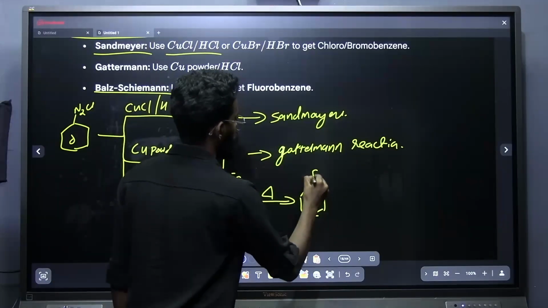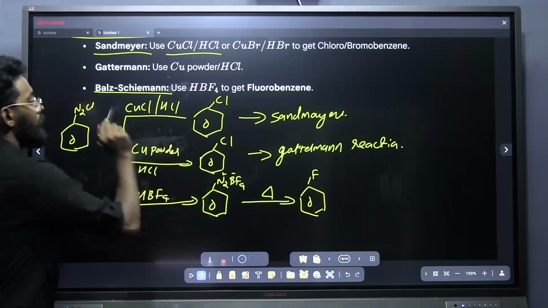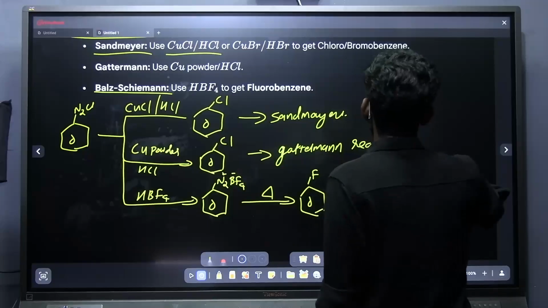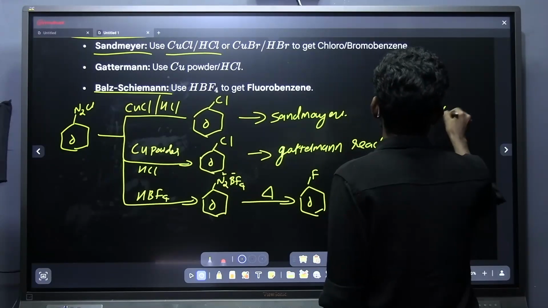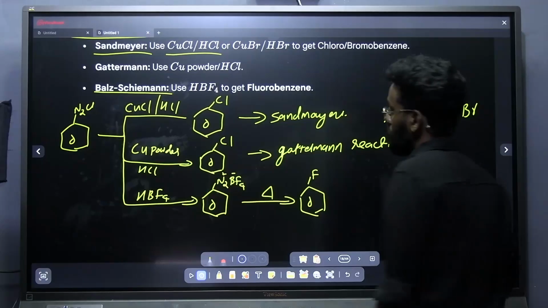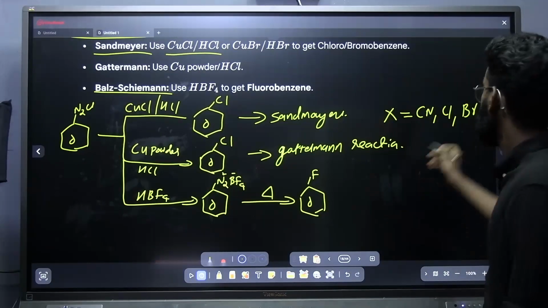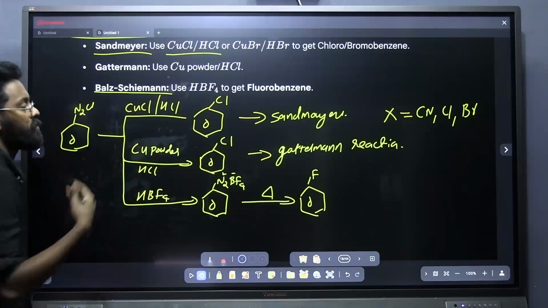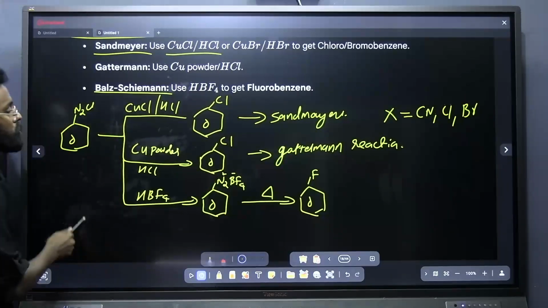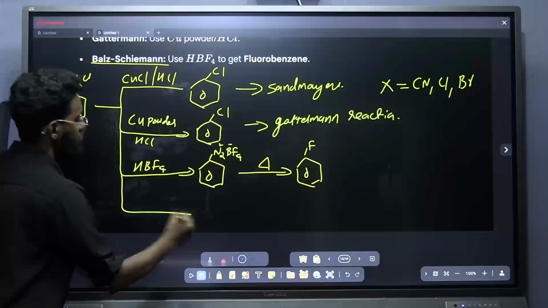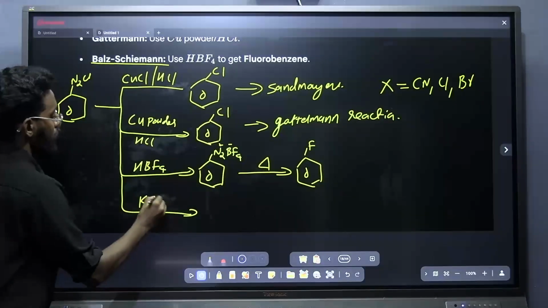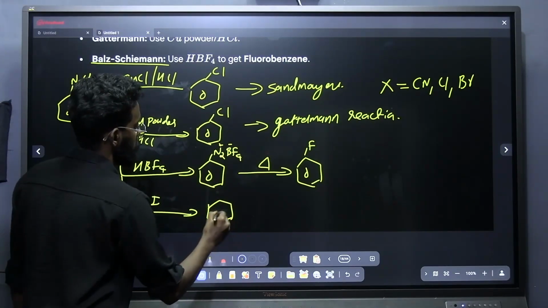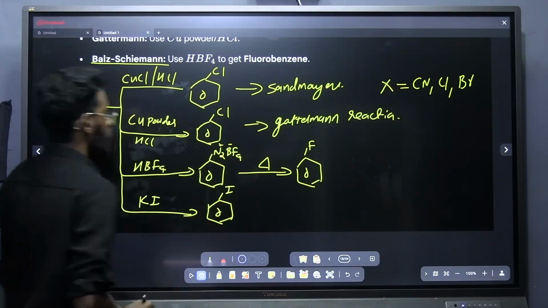In the case of Sandmeyer and Gattermann, we can only prepare cyanide, chloride and bromobenzene. If I want to prepare fluorobenzene or iodobenzene, I have to follow a different reaction. To prepare iodobenzene, I have to treat benzene diazonium chloride with potassium iodide.